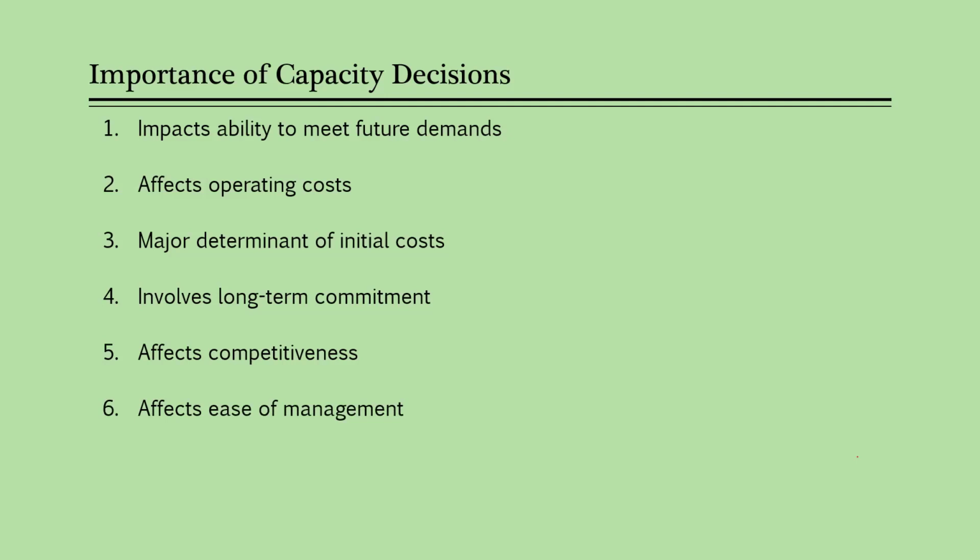And it affects ease of management. Ease means easy. To easily maintain the labor force, management, planning purposes, everything, they have to maintain strong decision-making power. So this strong decision-making power comes from the strategic capacity planning.